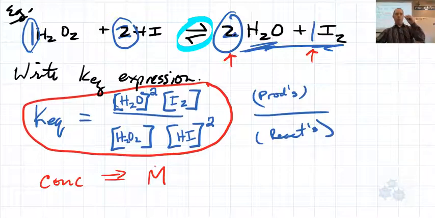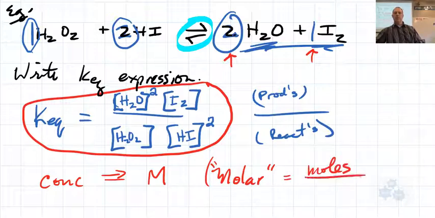So concentration is moles per liter, always. Not grams per liter, not grams per whatever. Capital M, you say molar. So if it was 2 capital M, you'd say 2 molar. That means moles of substance divided by liters of solution.